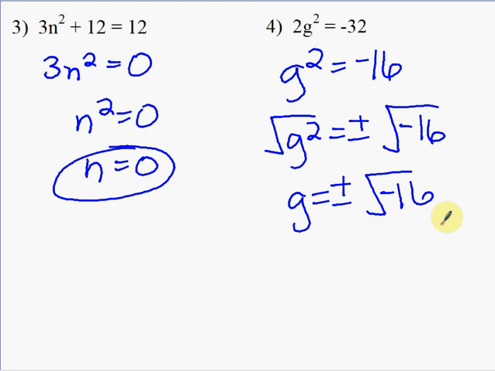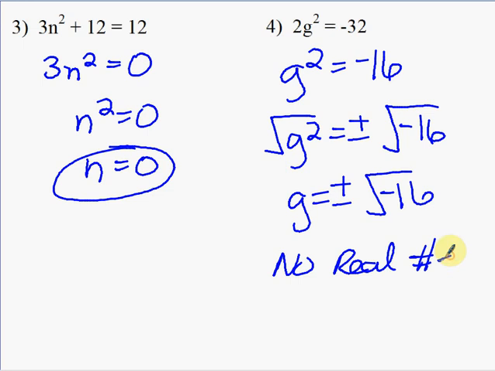And somebody might be saying, well, what about positive 4 times negative 4? Yeah, that would work, but that's not what the square root's telling you to do. It's saying you have to find the same number twice, the number being multiplied by itself. So it doesn't work. So for this particular example, we're going to say there are no real number solutions.